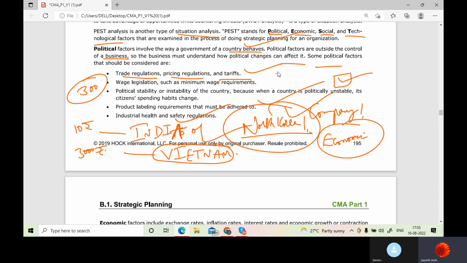And the tariffs and taxes. India is the country where the corporate tax is the least in Asia, so that is attracting many foreign investors to come to India. Then wage legislation, whether there are minimum wage requirements. Yes, in India 15,000 is the minimum wage requirement. A government has to look after its citizens.